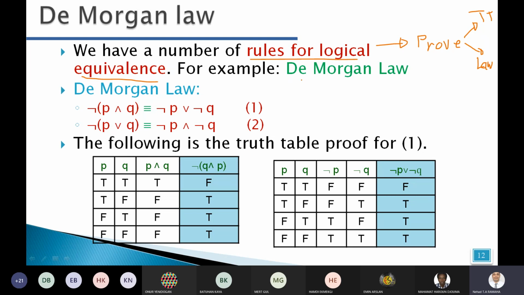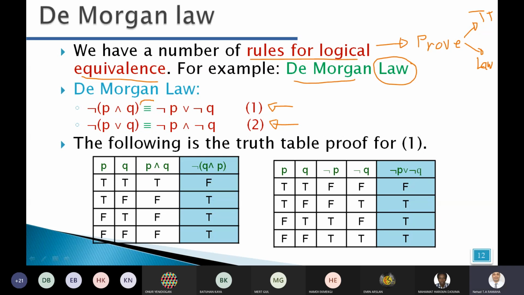We have many laws or rules for logical equivalence. First one, De Morgan's law. You need to memorize all these laws. It's very simple, but you need to understand first, then you will memorize them if you understand. De Morgan's law has two copies, or two De Morgan's laws. It's the same idea for both laws.